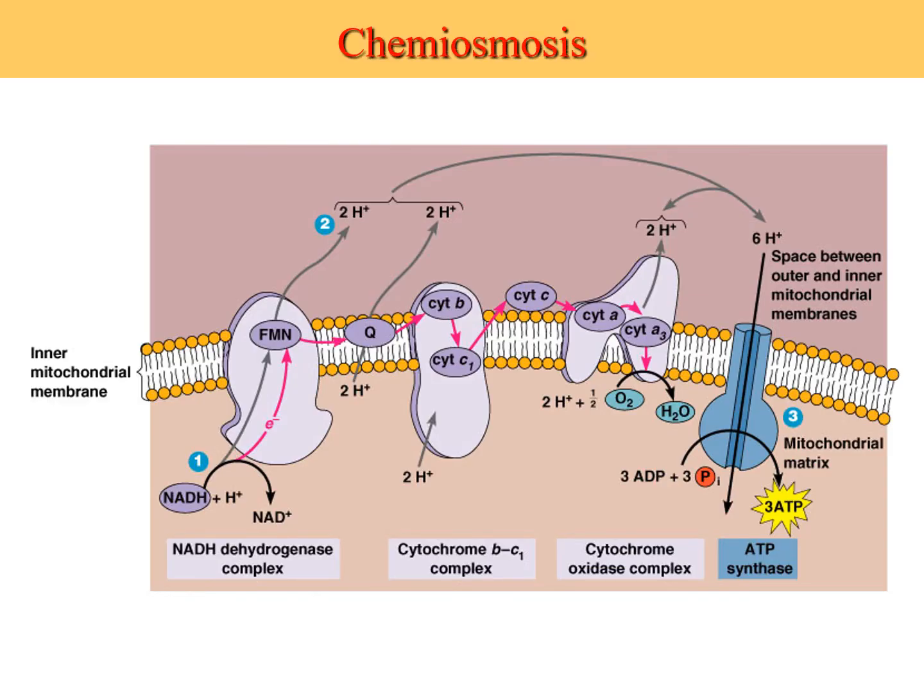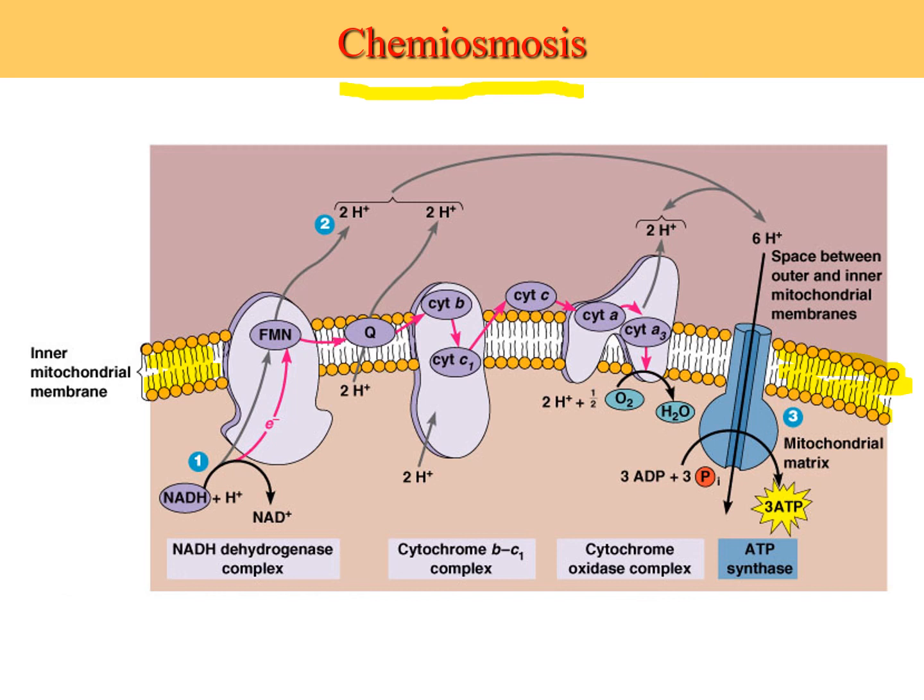Now, this shows the process of chemiosmosis. I'll get into more detail later, but hopefully it's clear to you that we're looking at a phospholipid membrane. I'm not going to shade in the stuff in between, but all of it's a phospholipid membrane.